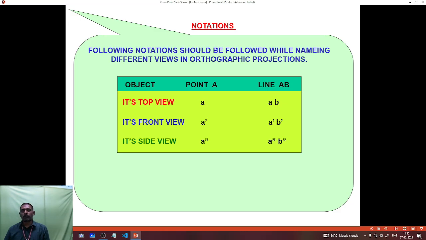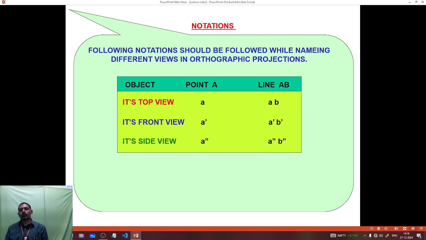If you are going to use the top view and front view, we need a vertical plane and a horizontal plane. Because the top view projection is located on the horizontal plane, and the front view projection is located on the vertical plane.